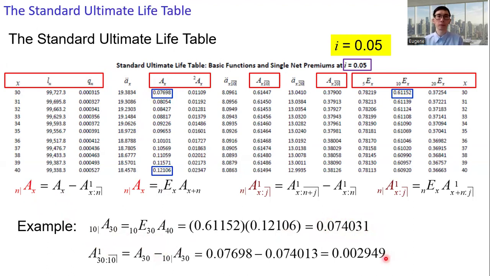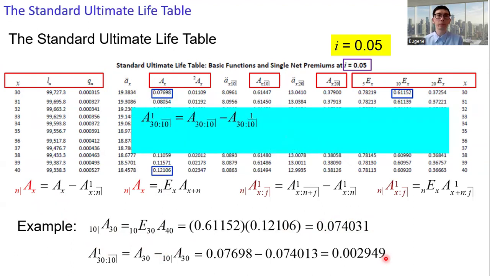We can get the answer in another way. A 10-year term insurance equals the 10-year endowment insurance minus the 10-year pure endowment.